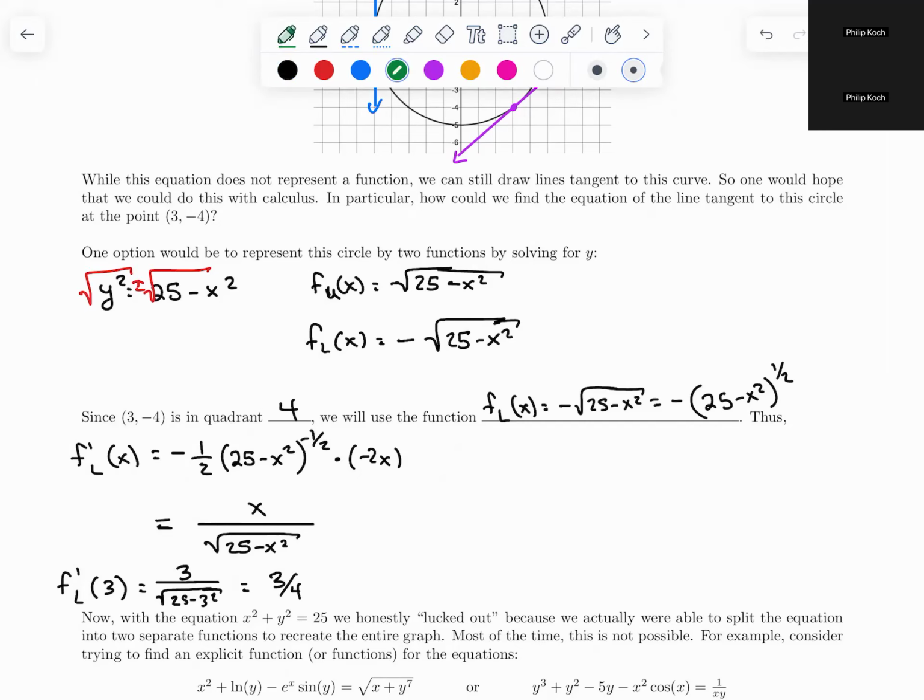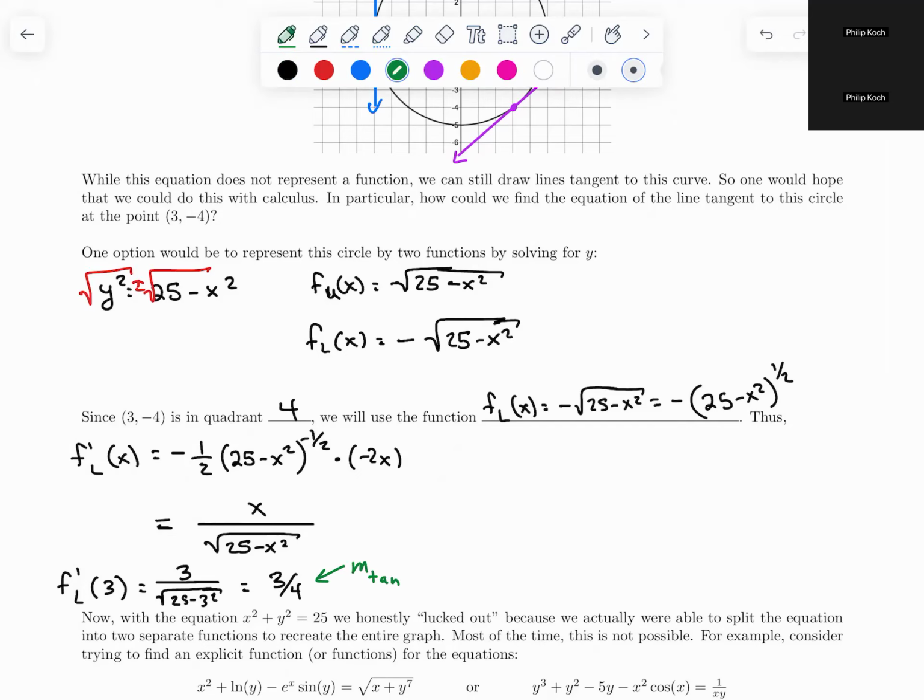And that's our m sub tan, slope of our tangent line. We plugged in the x value to get a specific value of the derivative. When the derivative is evaluated at a value, it becomes the tangent line slope at that specific x value.